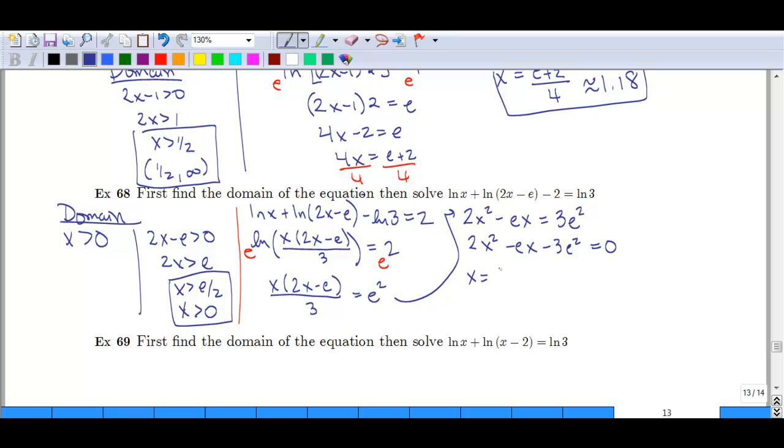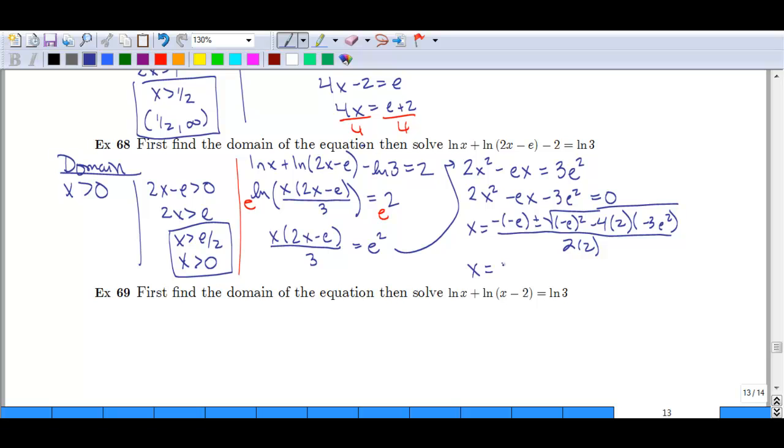So we end up with x is equal to negative e plus or minus the square root of negative e squared minus 4. A is 2, c is negative 3e squared. All divided by 2 times 2. So when we simplify here, we end up with positive e plus or minus the square root of e squared.